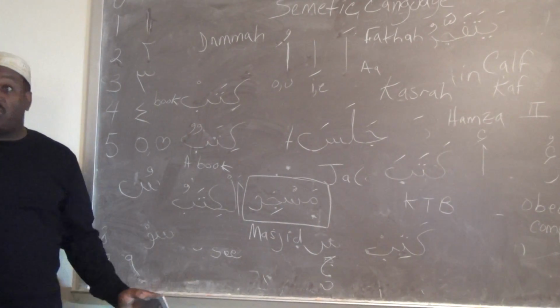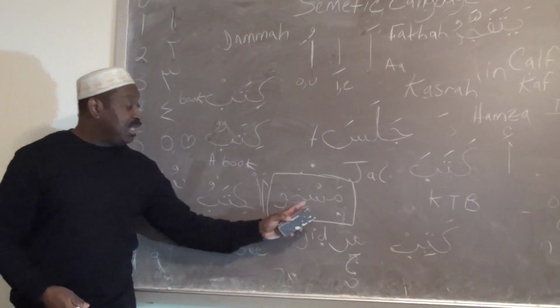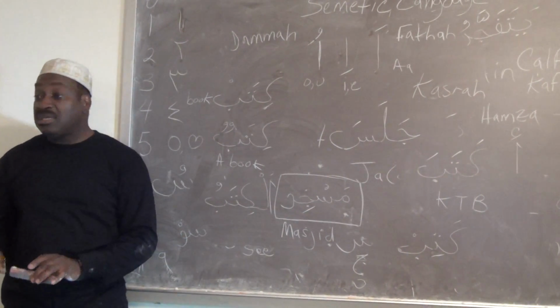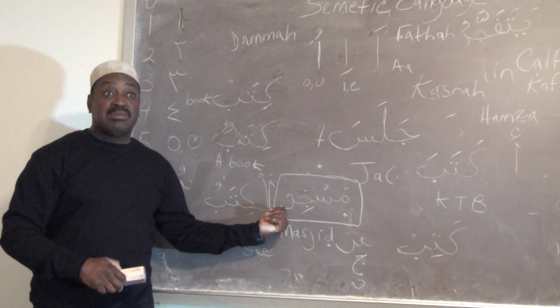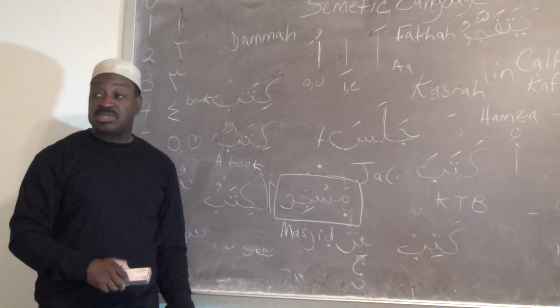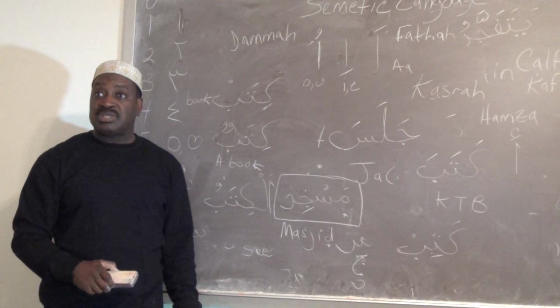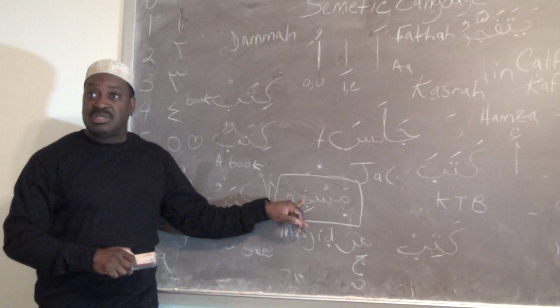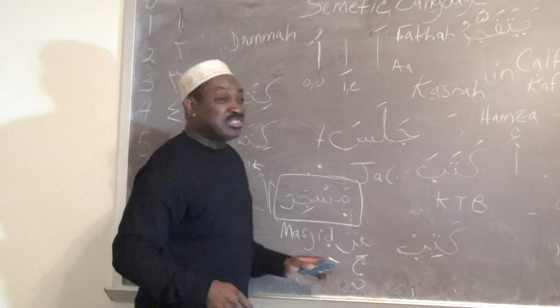They have to be in that order. You can't switch them around, because then you come up with another meaning. SJD, sin, jeem, and dal, means prostration, which is why we make prostration here. Got it, Brother Muhammad? Okay, so we got that.